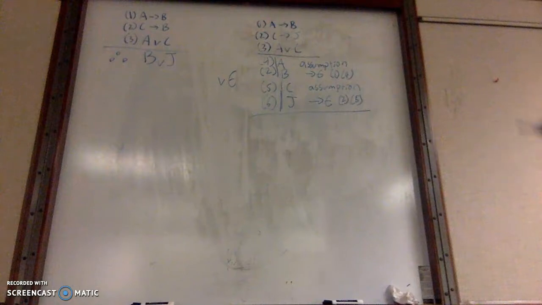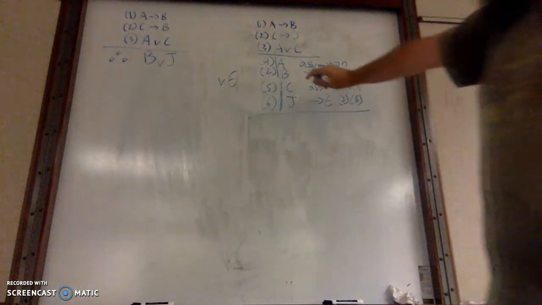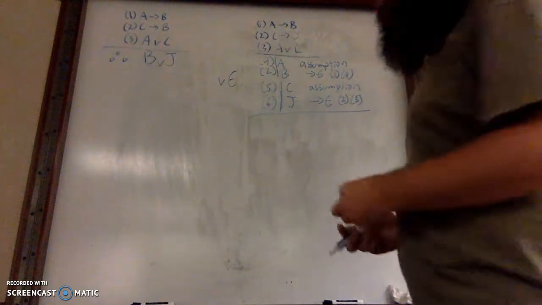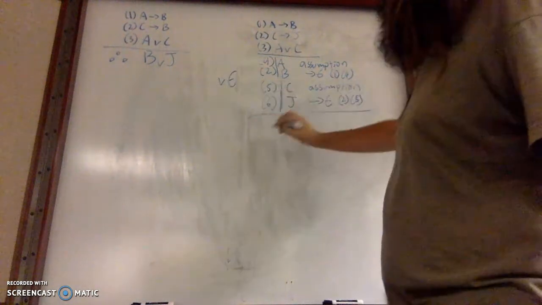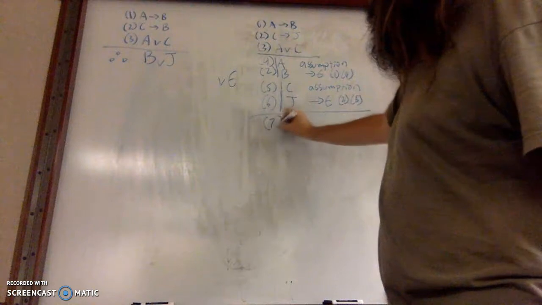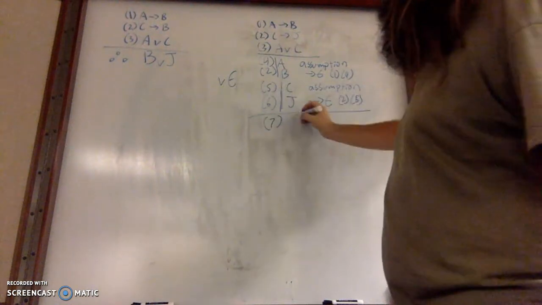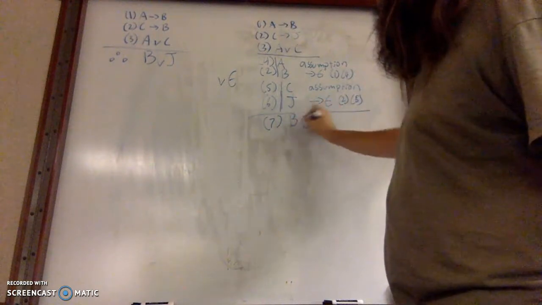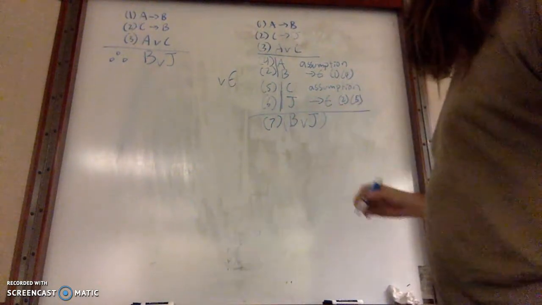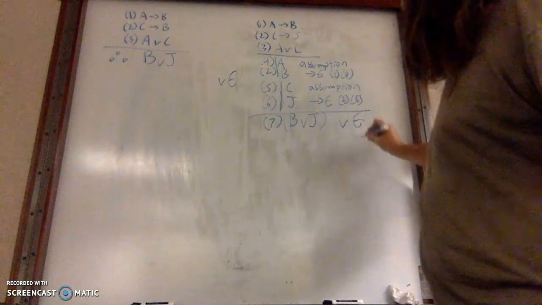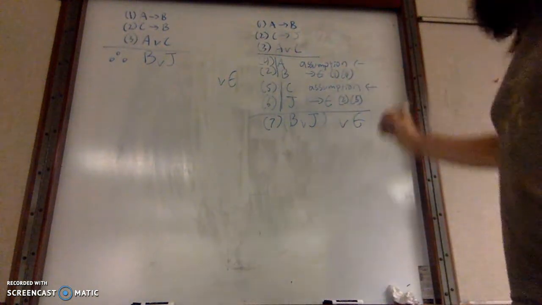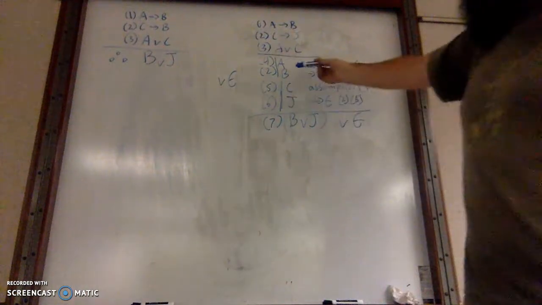Now we have one of these assumptions leading to B and another assumption leading to J. That's pretty convenient because the answer we're looking for is B or J. So the conclusion of the disjunction elimination is actually B or J. So here we have two assumptions, but we're getting two different results from the assumptions.